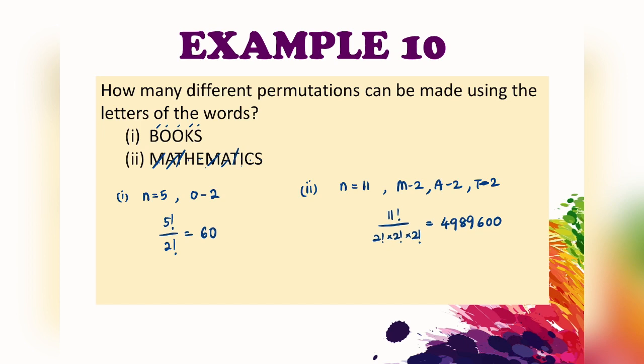If you want to write this expression in the calculator, to write 2 factorial multiplied by 2 factorial times 2 factorial, the multiplication operation needs to be pressed as well. If you just write 2 factorial, 2 factorial, 2 factorial, it will be a math error.